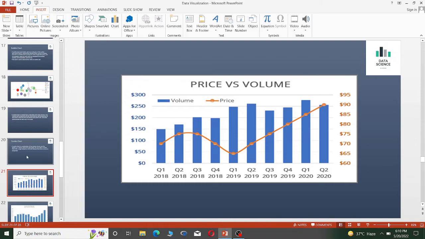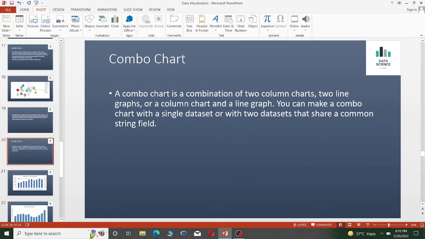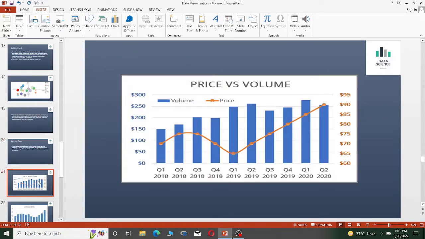Like I have told you, a combo chart can be two columns, two lines, or one column and one line. So this is one column and one line. One metric is shown with the help of the column chart. The other metric, on the secondary axis, is shown with the help of the line graph.